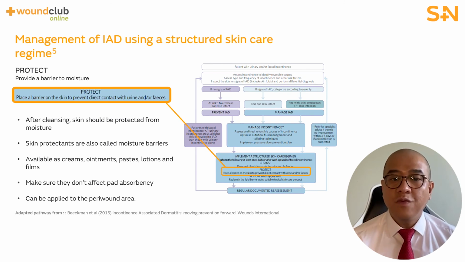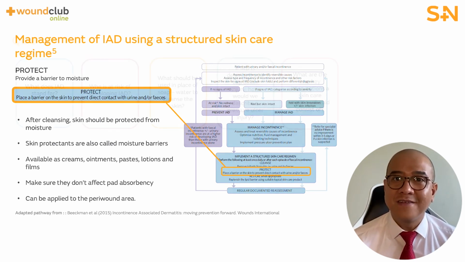And when you're looking for an effective protectant for the prevention and management of IAD, you should consider the following key characteristics: the ability of the product to form an occlusive layer, increasing skin hydration; the transparency after application to allow skin inspection, and remember, you must perform a skin assessment at least daily; the ability of the product to not affect incontinent pad absorbency to allow effective continence management; and if the product can be safely applied on at-risk and damaged skin relating to moisture.